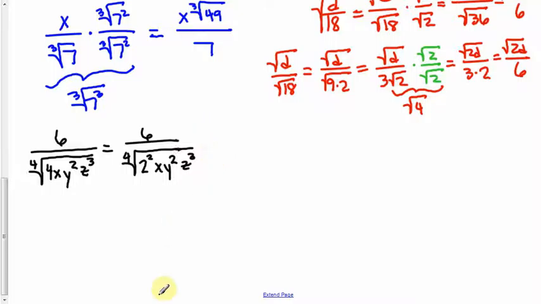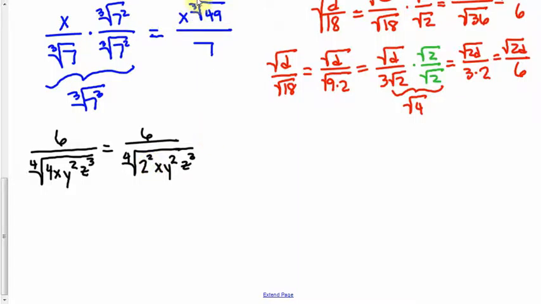And this way you can easily see how many more of each factor you need to be able to take the 4th root of it. So if I have 2 to the 2nd, but I need to be able to divide by 4, how many more factors of 2 do I need? 2 more, right? I've got 2 factors of 2, I need 2 more.